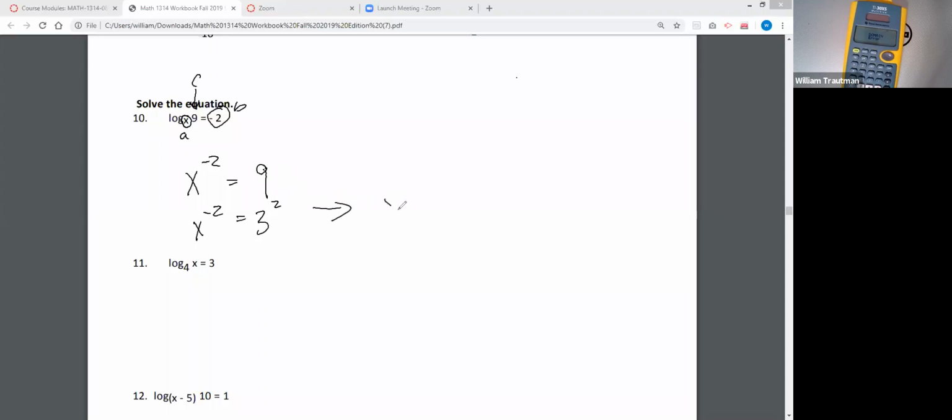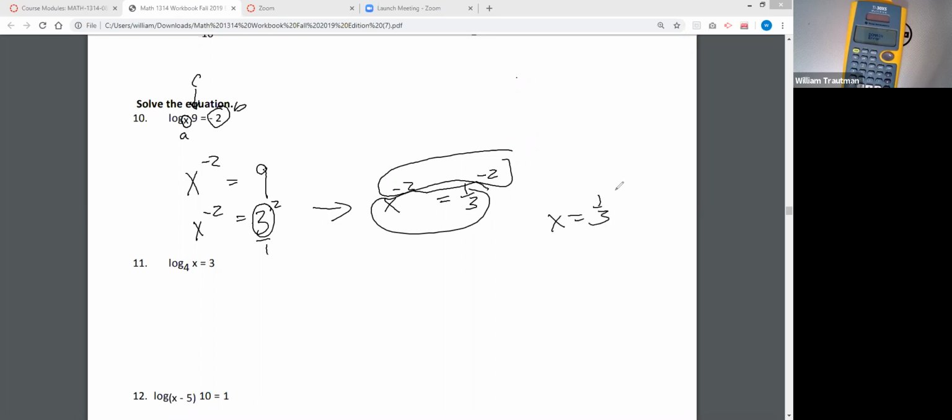I can change this power to a negative if I flip the 3. Now the 3 is on the bottom. Do you see that? If I put a negative there, whatever that power is attached to gets flipped. The negative just flips it. The 3 now goes to the bottom and the 1's on top. 3 in a fraction form is 3 over 1. If I put a negative there, it flips, and this is what I get. If the powers are the same, then the bottoms are the same. X equals 1/3.